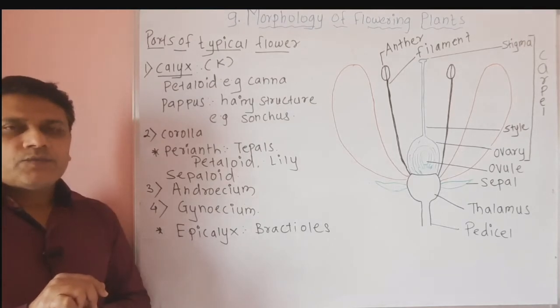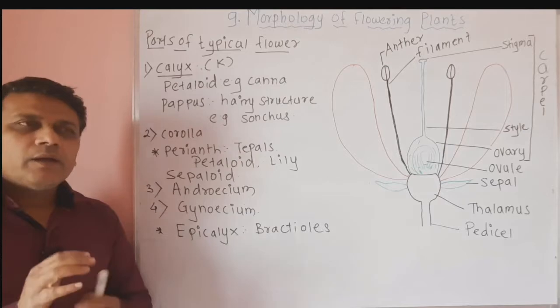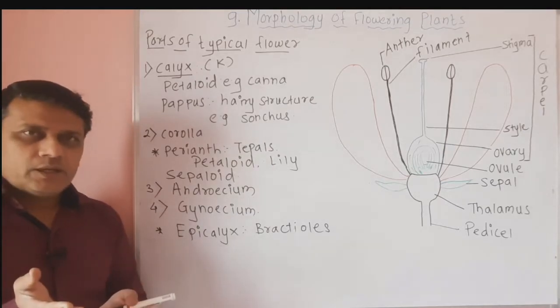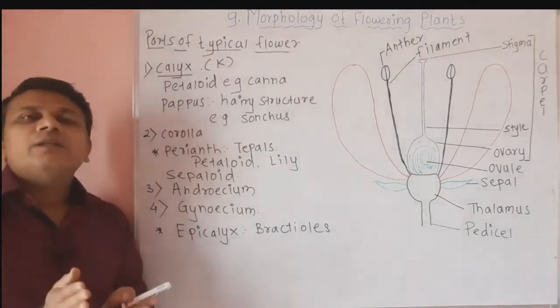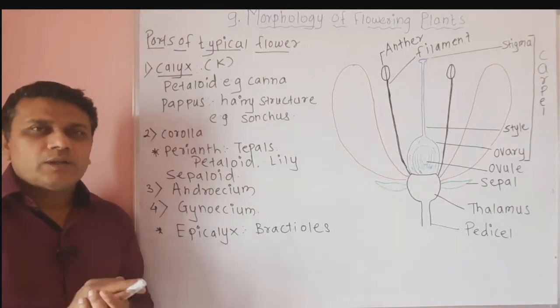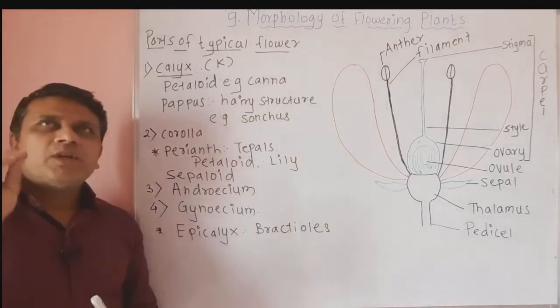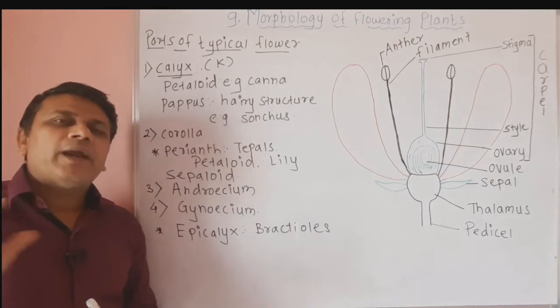Gamopetalous corolla is found in the flower of datura. While when the petals are free, it is called as polypetalous corolla, and such corolla is found in hibiscus or China rose. Corolla may show presence of fragrance as well as it may be brightly colored.